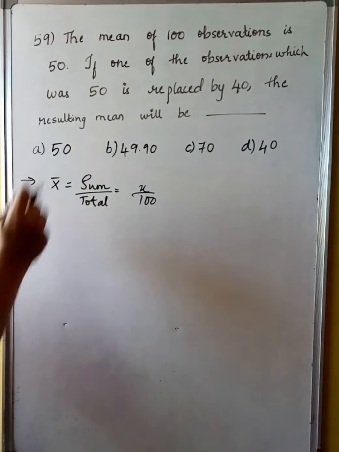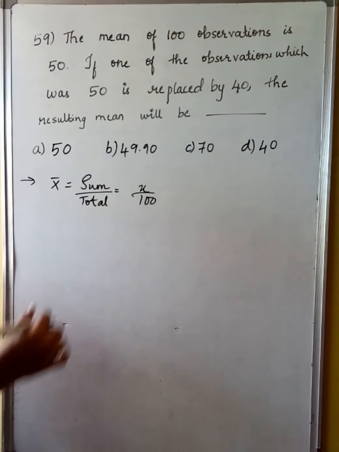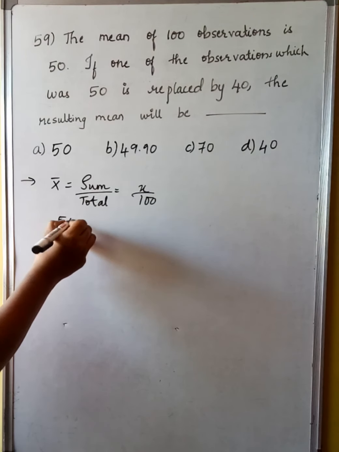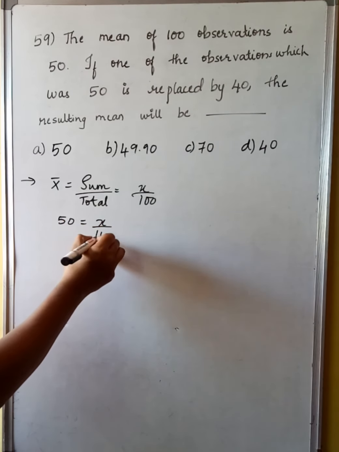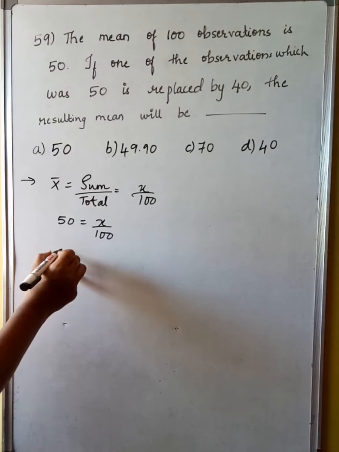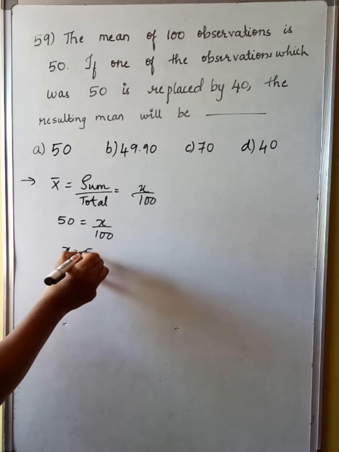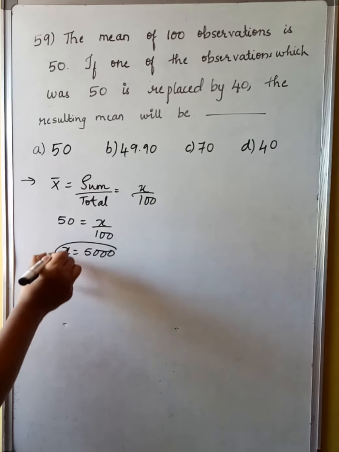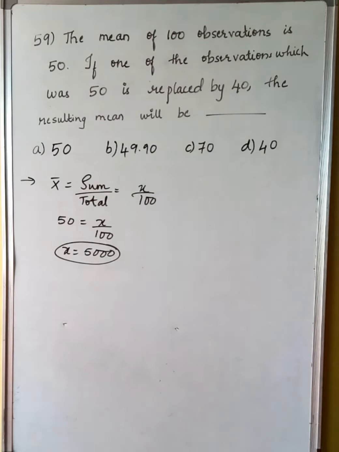The mean is already given, which is 50, so 50 is equal to x divided by 100. When I cross multiply, I get x equal to 5000. This is the sum of observations, x, which is 5000 for 100 observations with mean 50.